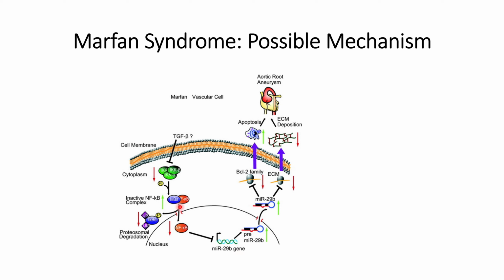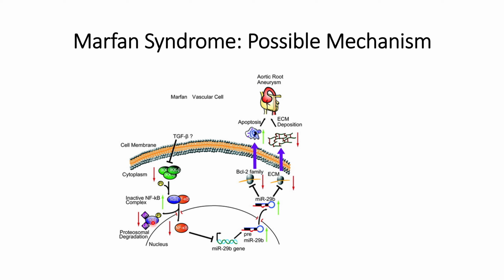So nuclear factor kappa beta inhibits this MIR29B gene. In order to do so, in the normal condition, IKK alpha and IKK beta phosphorylate the inhibitory kappa beta component of this complex, and once phosphorylated, it will be degraded by proteasomal degradation through ubiquitination, as shown here.